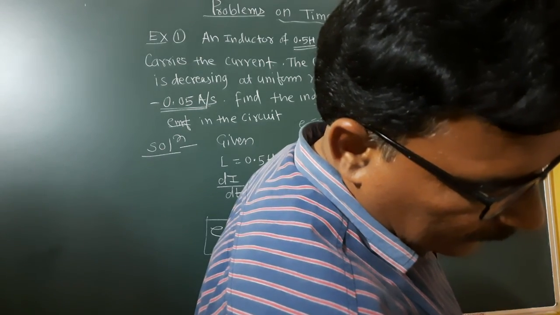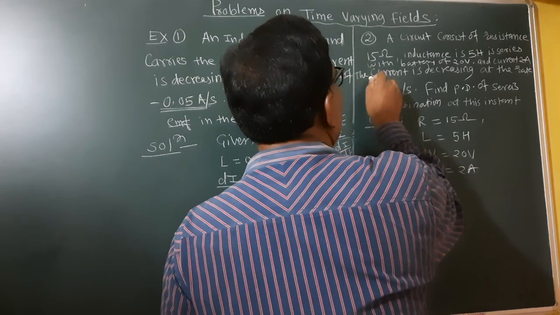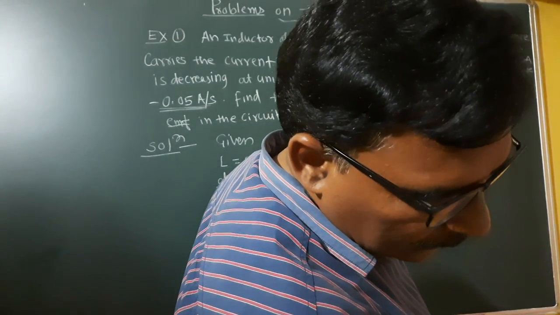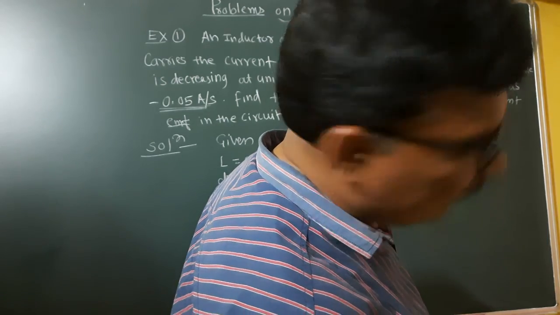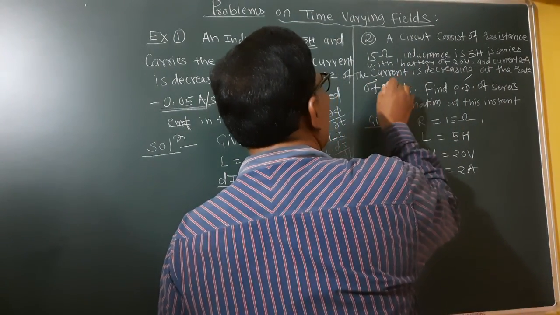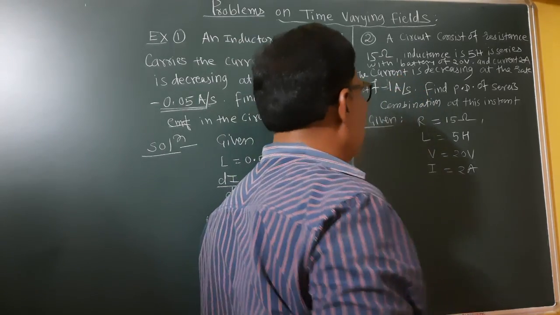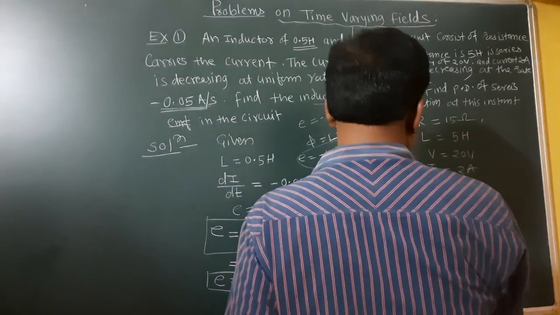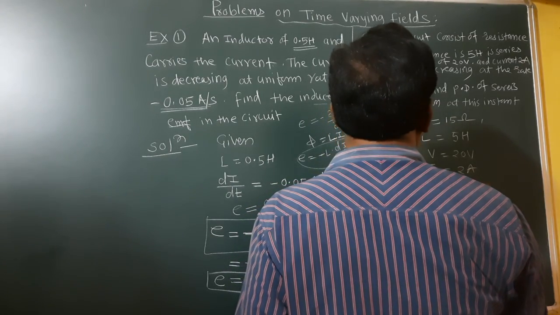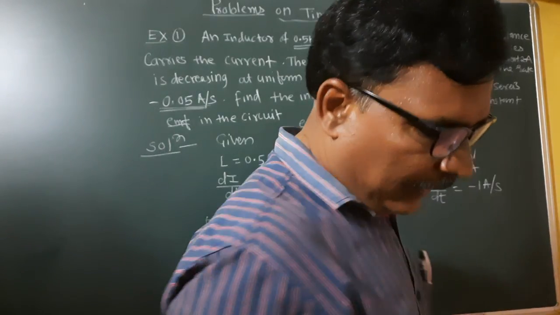The current is decreasing at the rate of minus 1 ampere per second, that is, di by dt equals minus 1 ampere per second. This is the data we have.